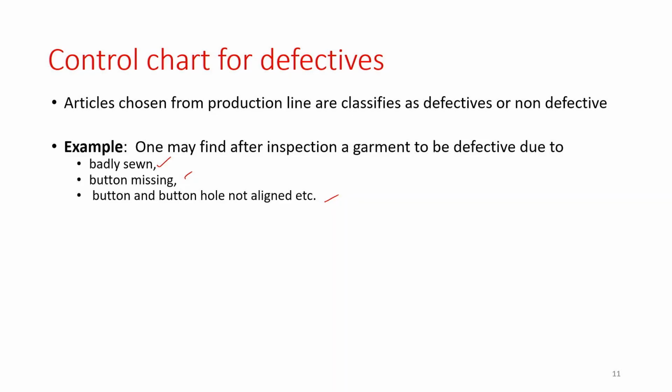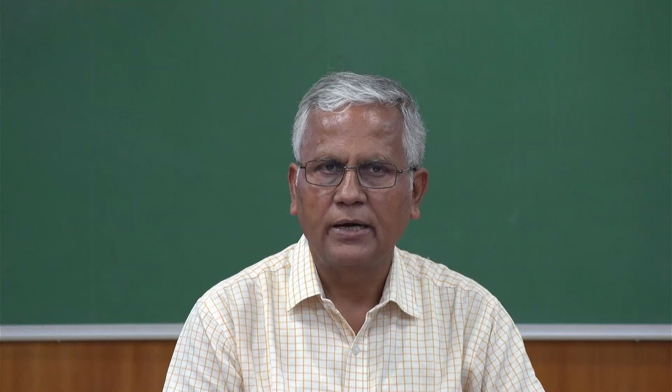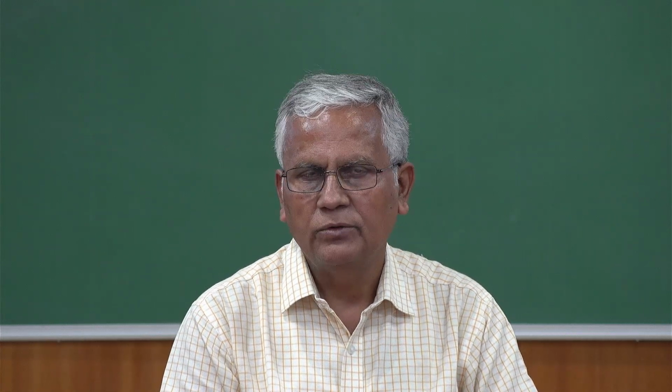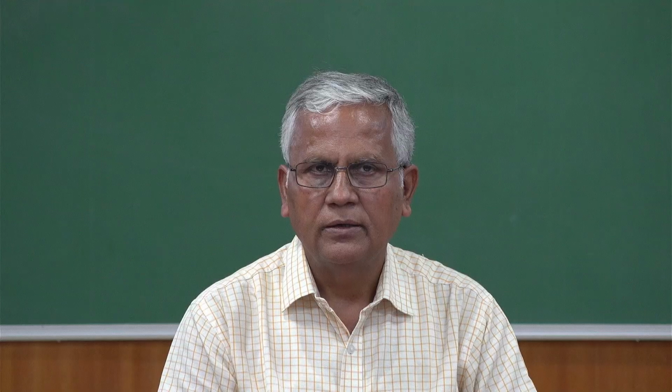We have to either repair it if it's repairable, or we may have to sell it as seconds sometimes. Whatever decision is taken is a management matter. Defectives can also be categorized in that way: some defectives may be repaired, some can be sold as seconds, and some we cannot sell at all with our brand name, because our brand value is going to suffer.